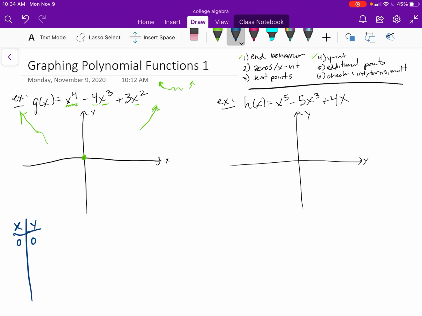So let's look at the x-intercepts. That means y has to be 0, right? For a y-intercept, I let x be 0. For an x-intercept, I make y equal to 0. Well, that's going to require some algebra.